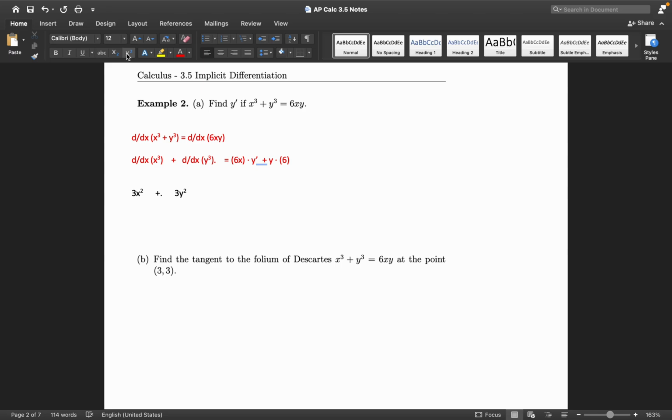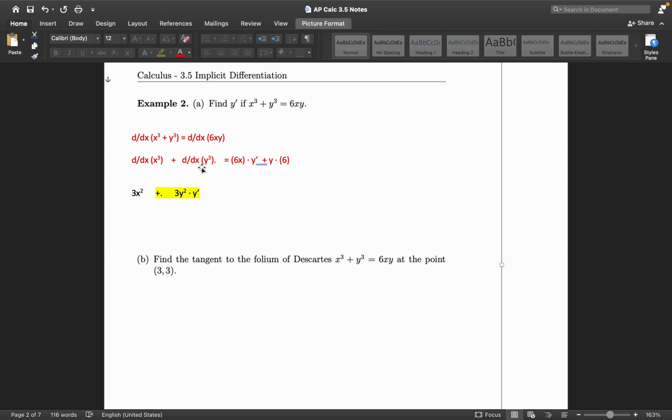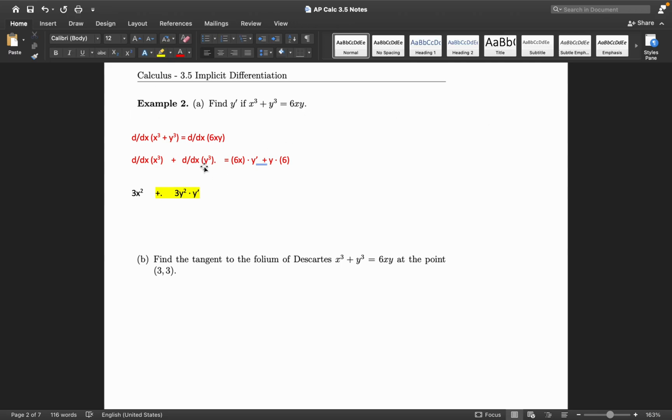Now I have to take the derivative of the inner function, the y, just like our chain rule. So this is the chain rule showing up again. Derivative of the outer function is 3 times stuff squared. Derivative of y is just y prime. Then we get 6xy prime plus 6y.